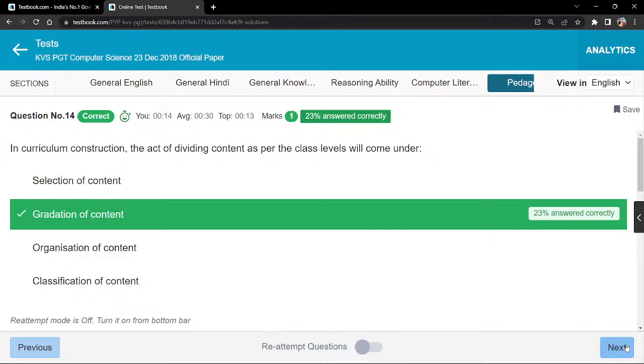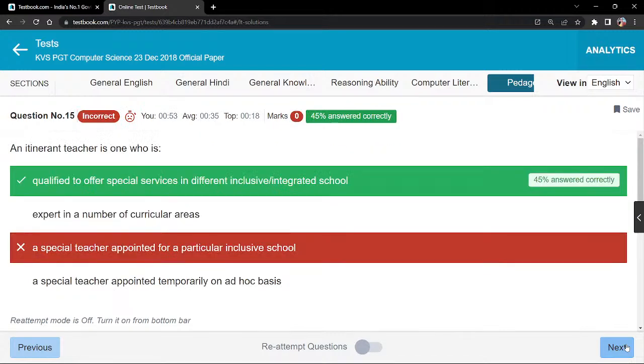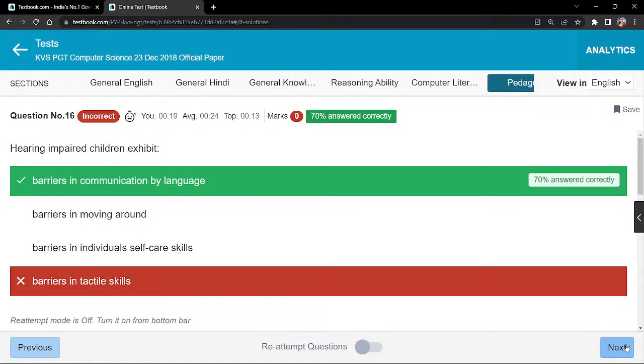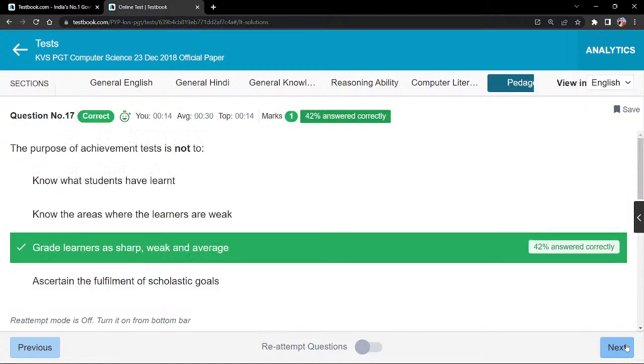Dividing the content comes under gradation. An intern teacher is not qualified to offer special services. Hearing impaired children exhibit barriers in communication by language.